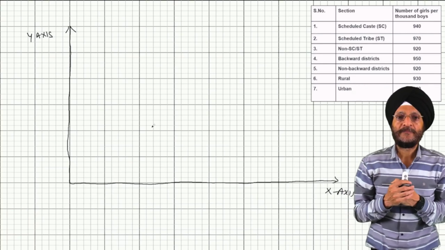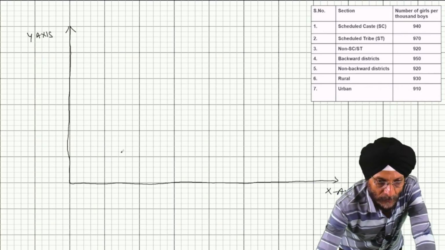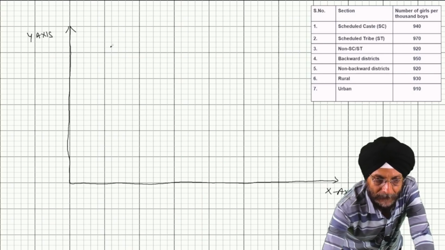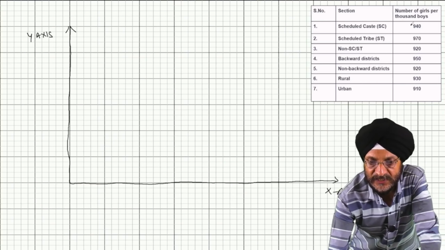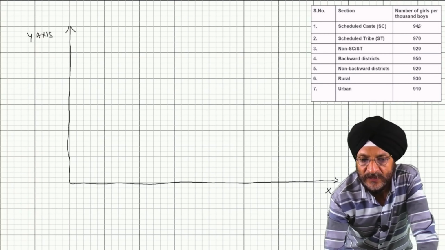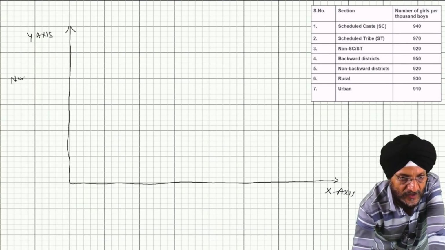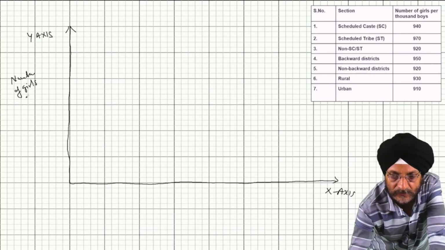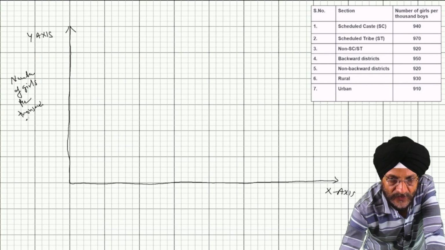But normally the bars are drawn from the x-axis toward the upper side, that is vertically. So the information which is changing here and is in mathematical values, we have to mention on the y-axis. That is, here we will take the number of girls per thousand boys.